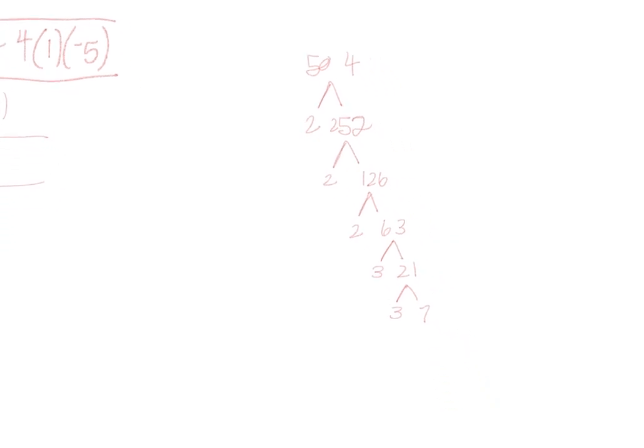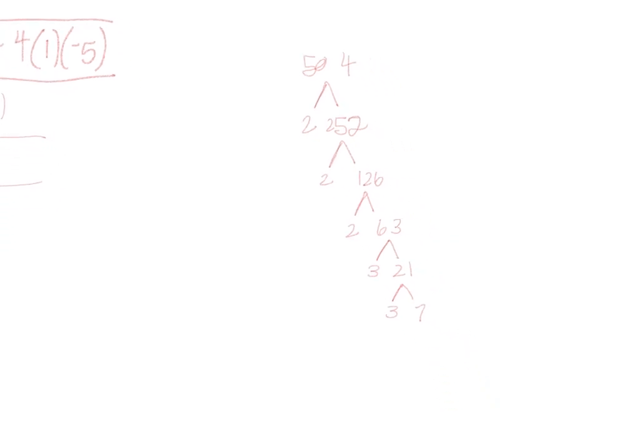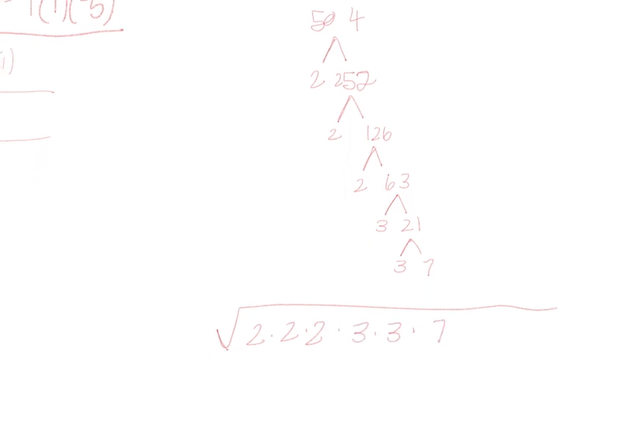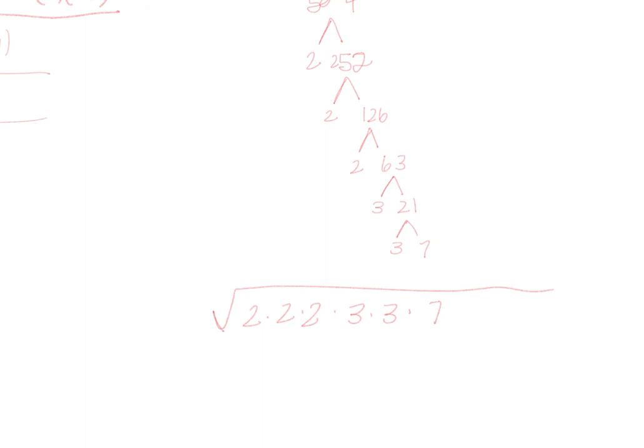So instead of writing the square root of 504, I can write the square root of 2 times 2 times 2 times 2 times 3 times 7, everything that's on the end of one of those forks. So 2 times 2 times 2 times 3 times 3 times 7. And if you have something that happens twice, you can bring it out once.